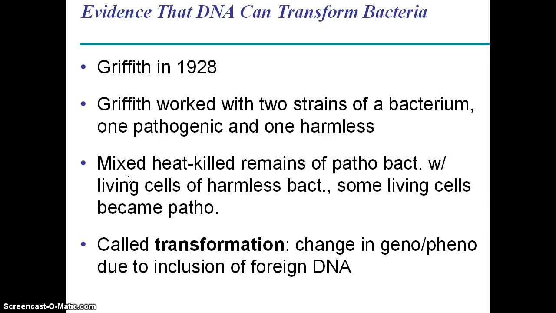And what happened is the harmless living bacteria were converted or transformed into pathogenic bacteria after taking in material from the heat-killed pathogenic bacteria. He called this process transformation because these non-pathogenic bacteria were made pathogenic after taking in or assimilating foreign DNA.